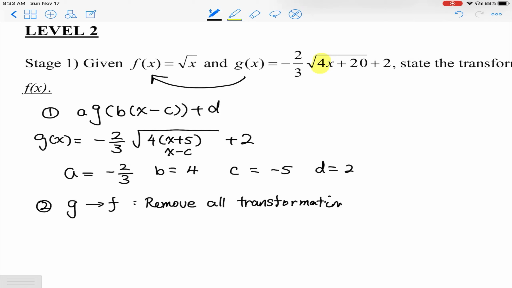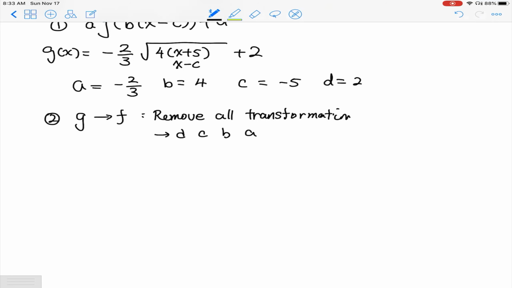Remember we did A, B, C, and D in order, but now we're going backwards, so we have to go D, C, B, and A. So as a summary, the order is backwards as D, C, B, A, and the actual transformation work also goes backwards.